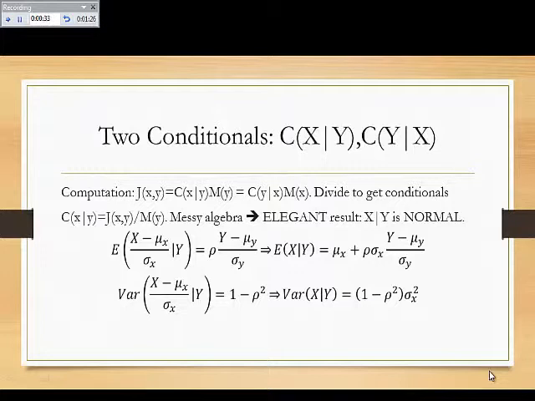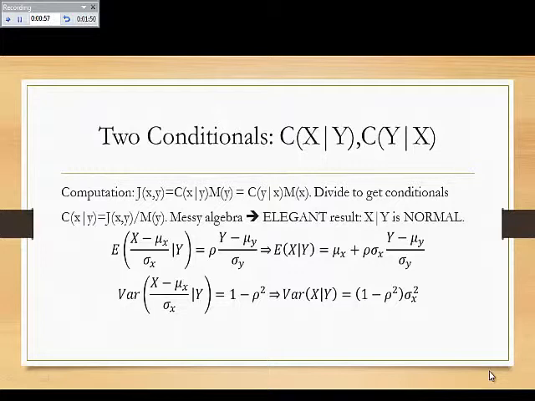So this value of y, if the two variables have some dependence, and that's the general case, will give you some information about x. So the marginal density of x is what you know about x without knowing anything about y, and the conditional density of x given y is what you know about x now that you know the value of y. So usually these two things are different.